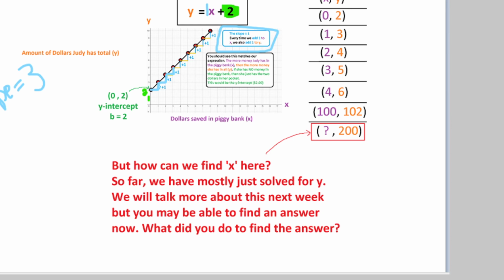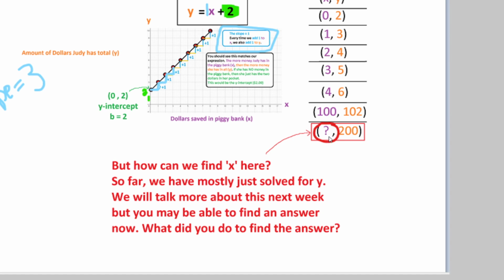But there was also one last question I asked you to kind of keep in the back of your mind. How could we find x here? And what I'll talk about is maybe what you did to solve this.